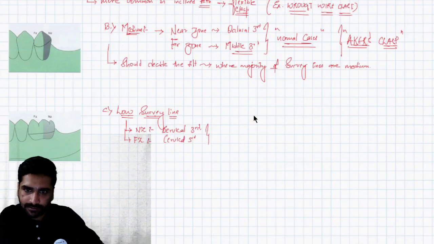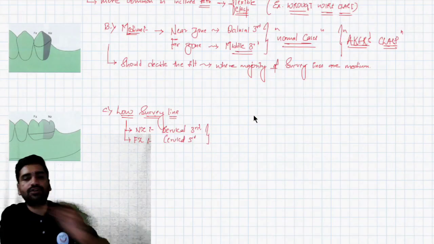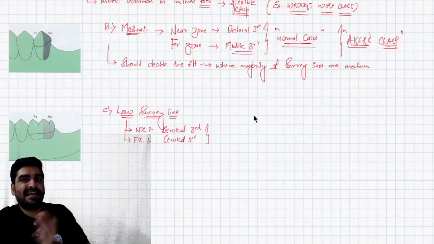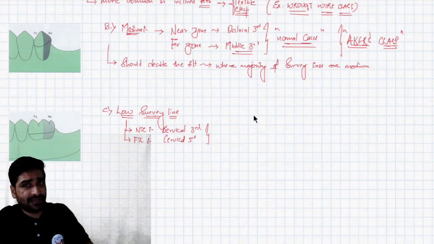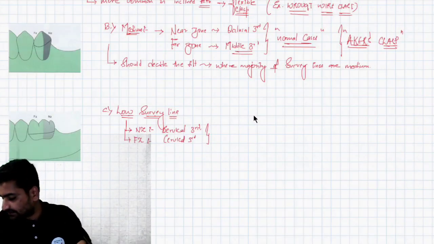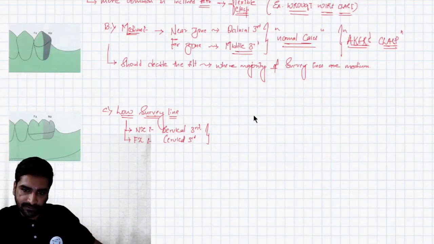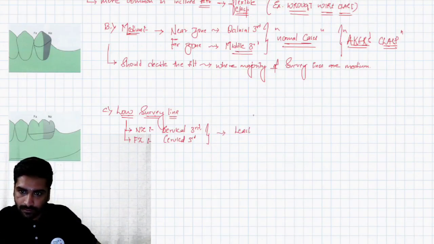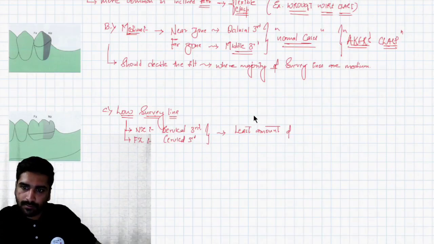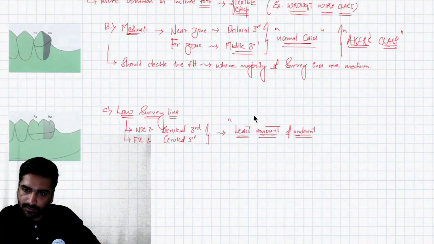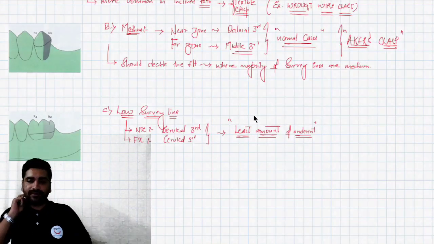So when the position of the survey line in the near zone as well as in the far zone is at the cervical third, you call it a low survey line. So it will have the least amount of undercut, right?